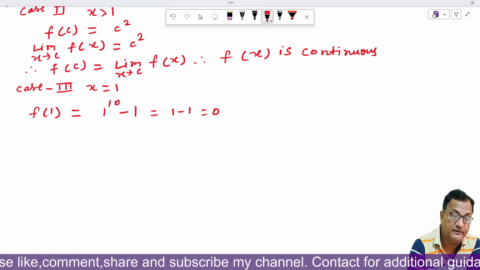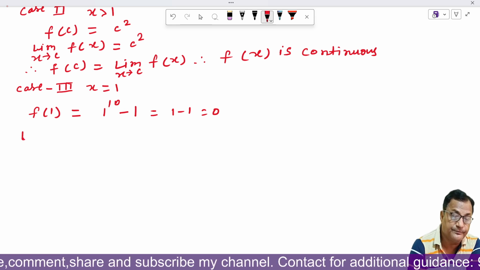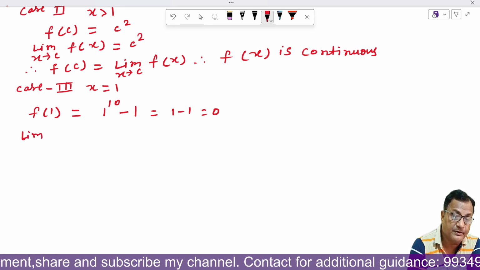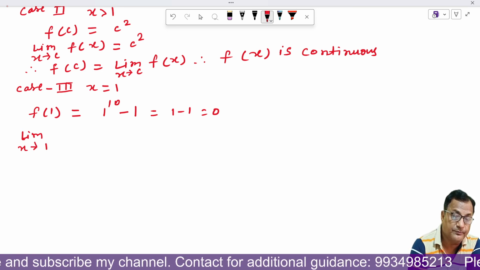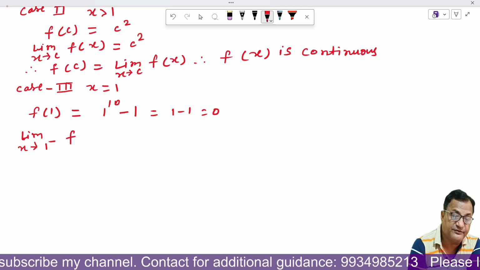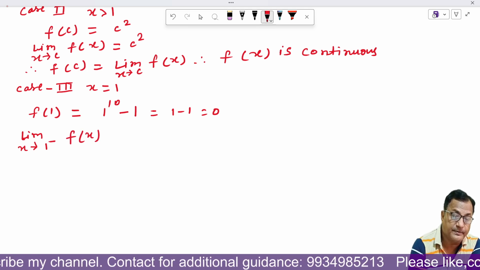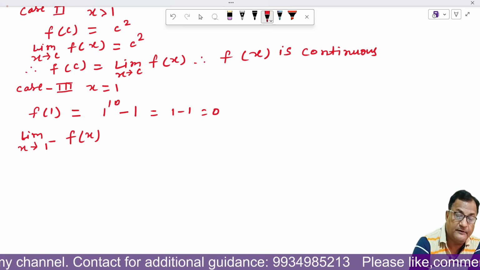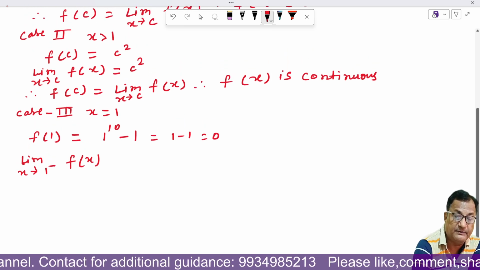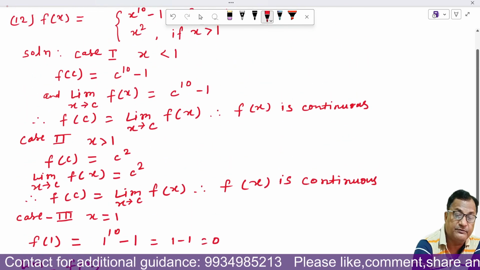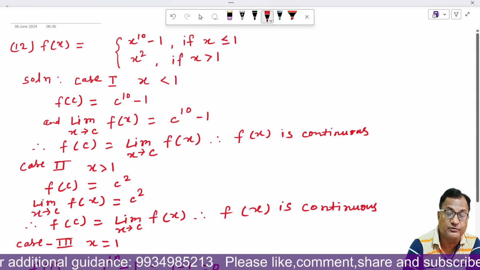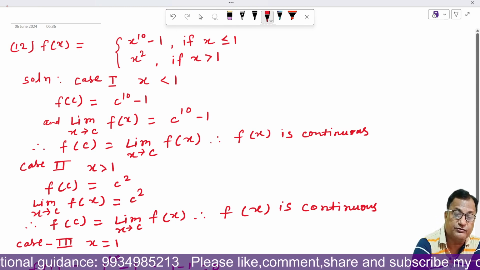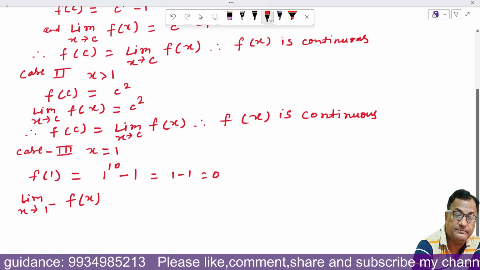Now left hand limit of f(x). To find the left hand limit we will use the function for x less than 1, so this will be x to the power 10 minus 1.